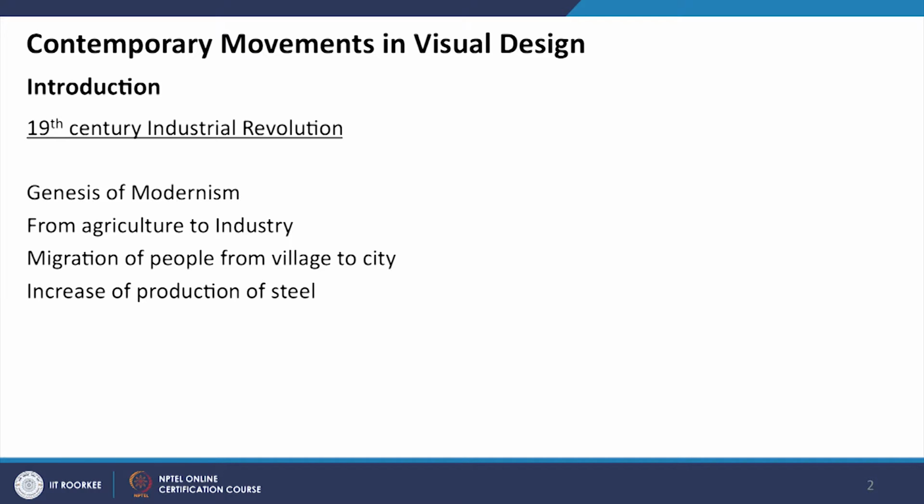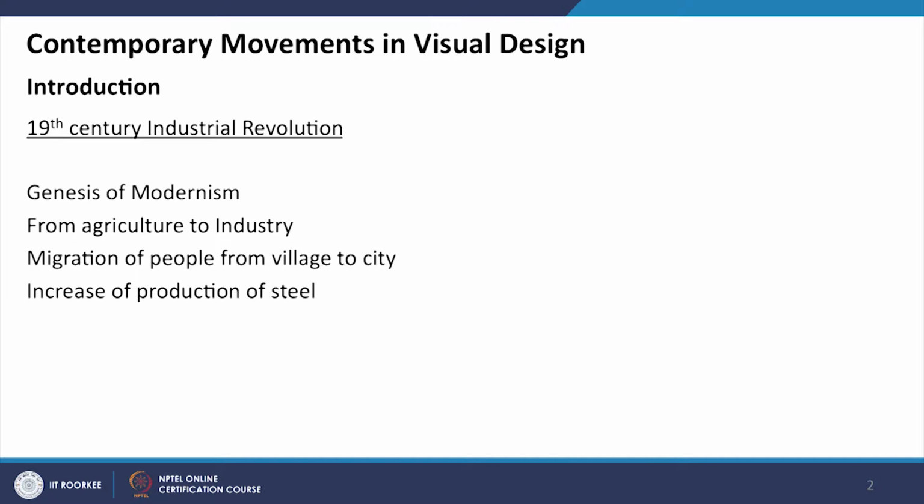We use the terms contemporary art and art history, and contemporary design and history. There is a slight difference, and we differentiate this era of contemporary from the industrial revolution. You must have known this: the industrial revolution happened mostly in Europe, and then it flourished all over the world.